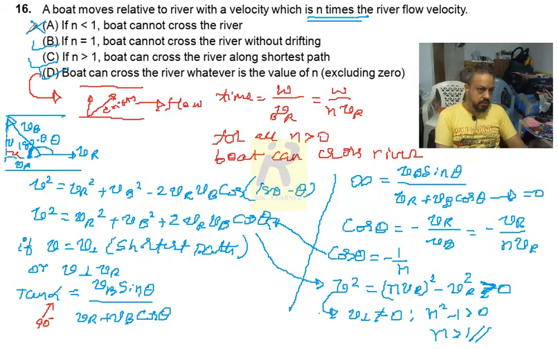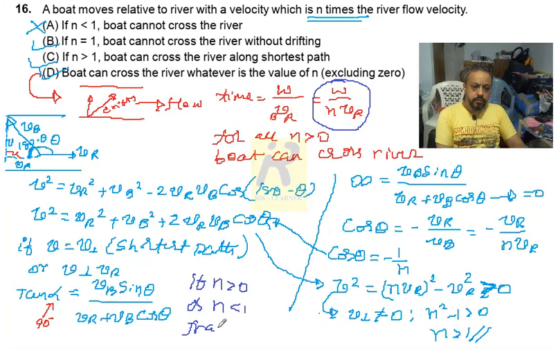So n is less than 1, the boat cannot cross the river: this is wrong. n can take any value. For drifting, I already described the situation: if n is greater than 0 and just less than 1, this is a fraction.